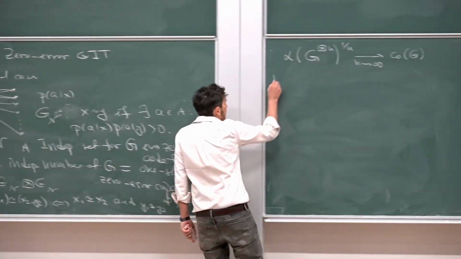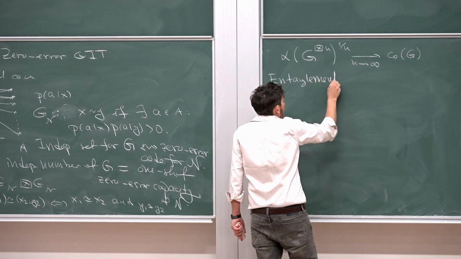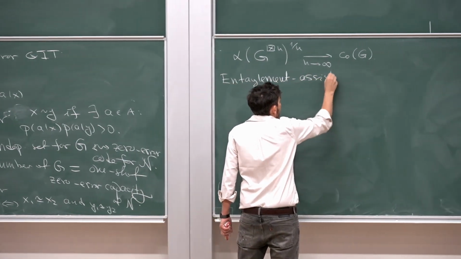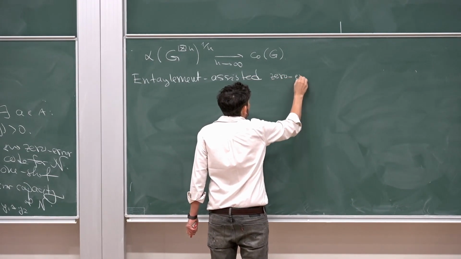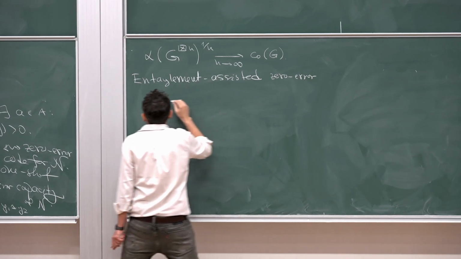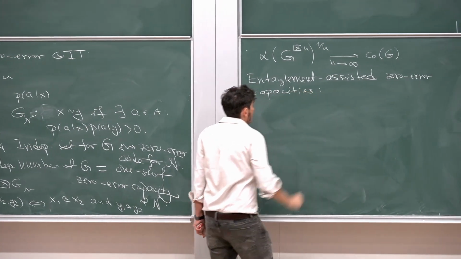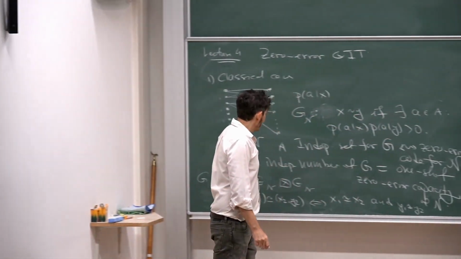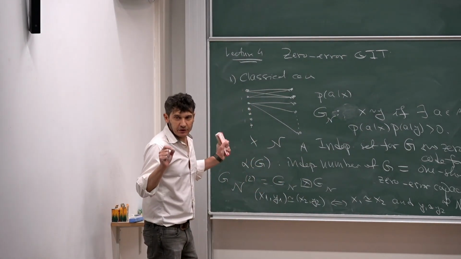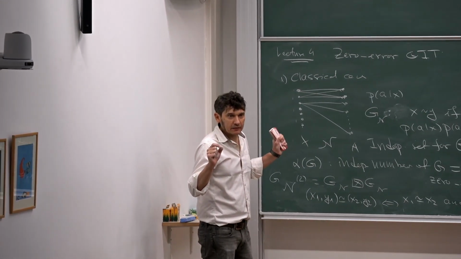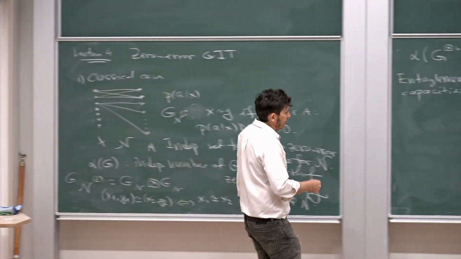So entanglement assisted zero error capacities. Here again, the channels are classical, but the sender and the receiver share an entangled state, so they can use this entangled state to produce the final outcome.